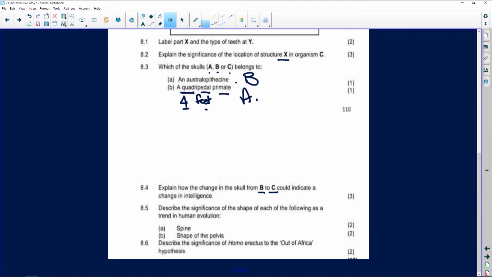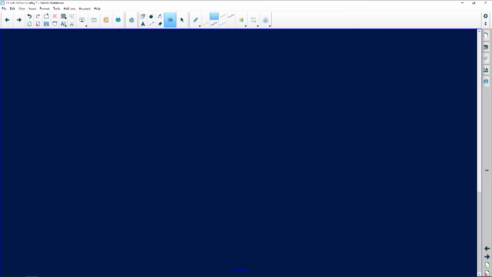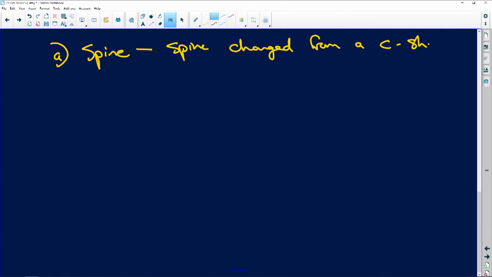Alrighty, and describe the significance of the shape of each of the following as a trend in human evolution. Okay, if we look at the spine, let's get some yellow here. So if we look at A, the spine changed from a C shape.